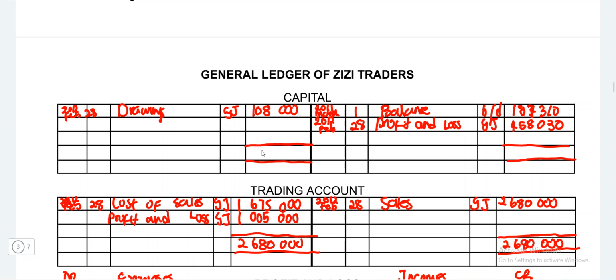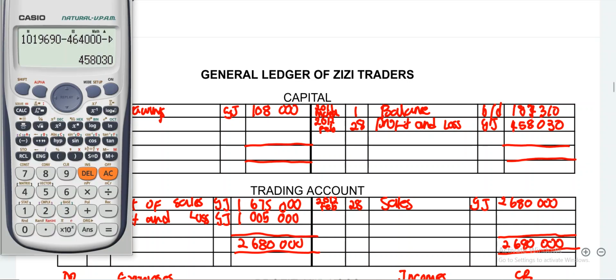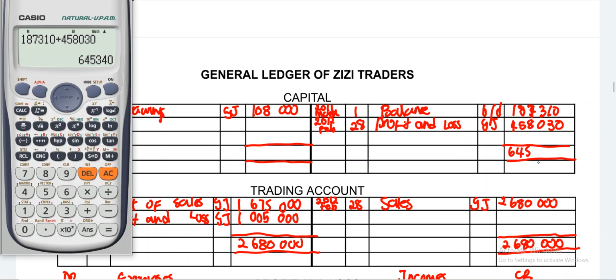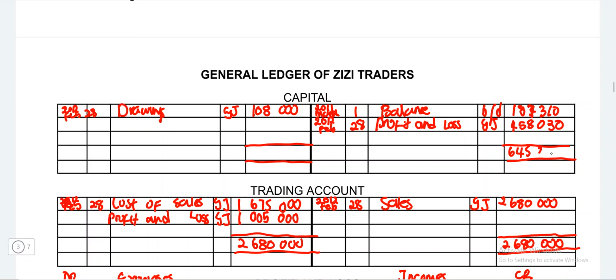Now let's see, 187,310 plus 458,030. It is giving us 645,340.